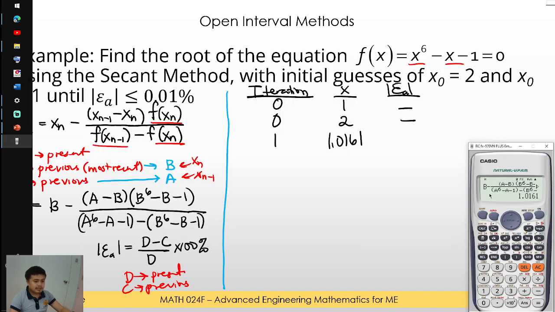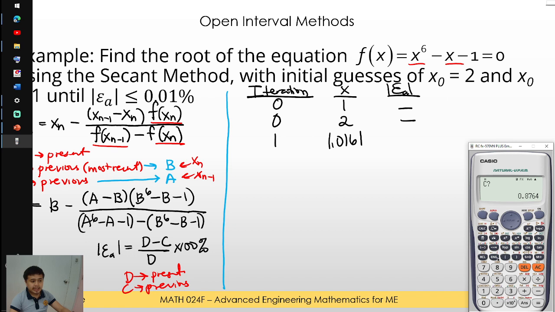Now for the approximate relative error, we have to input again a new function, D minus C, and then times 100. So what is the present? The present here is 1.016, and then the previous is 2.